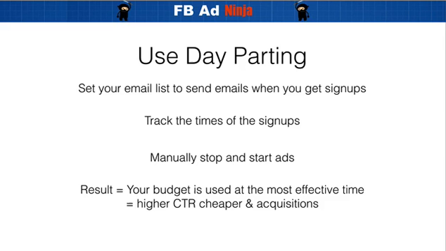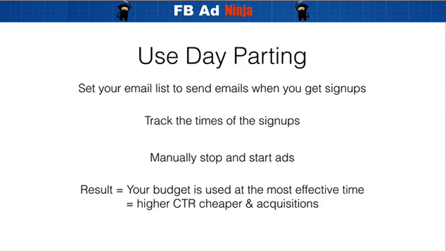What you do is you stop your ads from running and then start them at, let's say 8 a.m. to 8 p.m. is the time that you work out. Those 12 hours is perfect. So you'll stop your ads at 8 p.m. at night and you'll start them again at 8 o'clock in the morning. So what happens is your budget is being used at the most effective time.